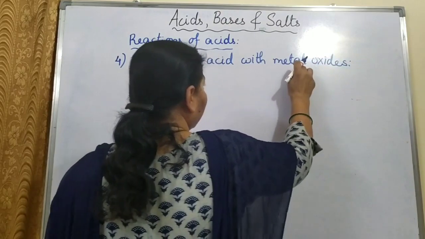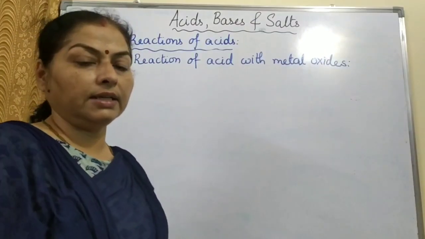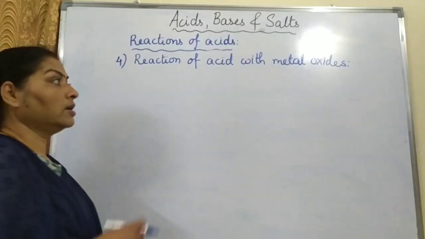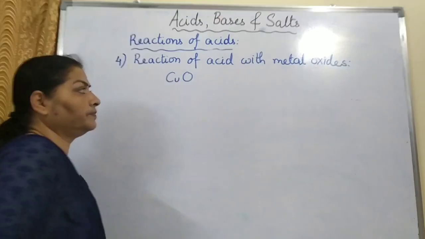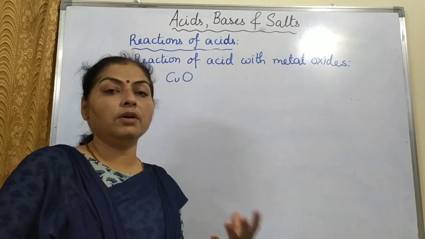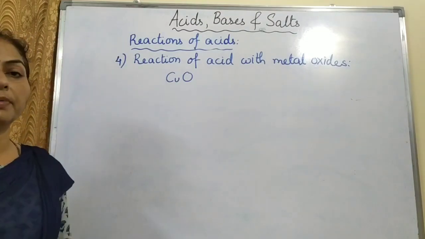Just now we have seen the reaction of acid with base. Bases are metallic hydroxides. Now what if instead of metallic hydroxide we have a metallic oxide? For example, let us take copper oxide. Copper oxide is formed by heating copper on a flame. You get a black layer on the surface of copper, that is copper oxide.